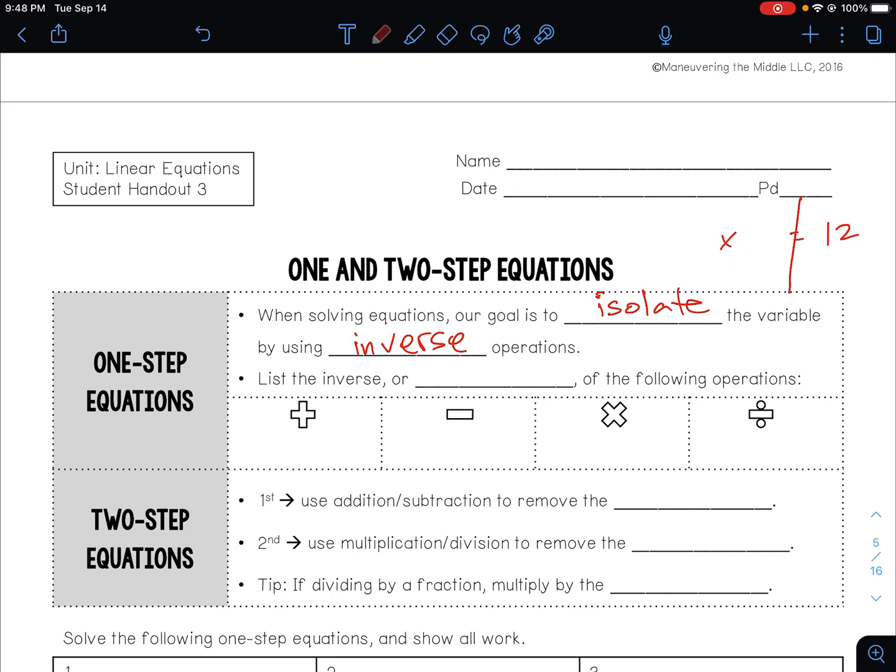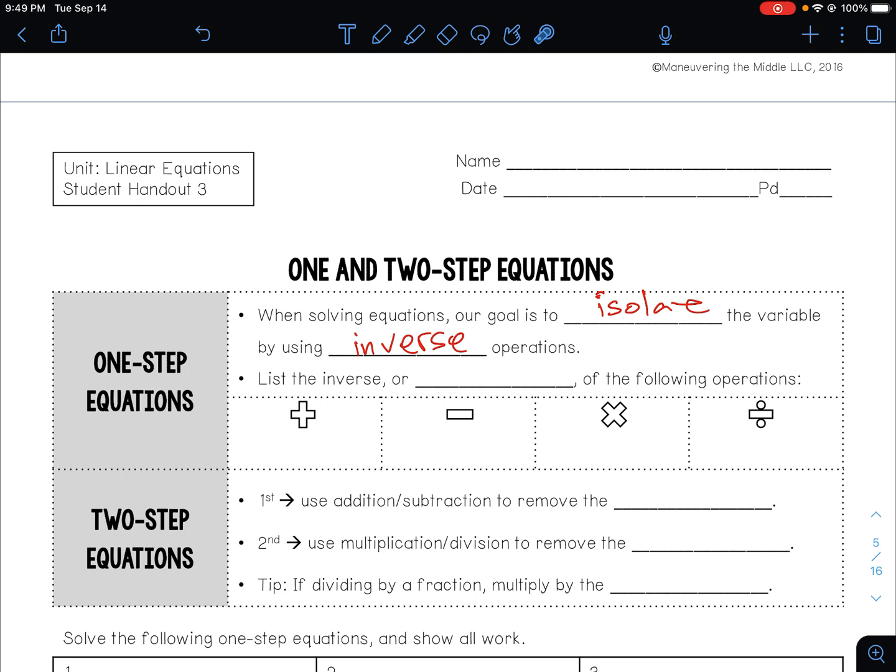So if it's not x plus 4, but 4 times x, you've got to get rid of this 4 being multiplied with it, or if it's x divided by 4, again, you have to get rid of the divided by 4 by doing the opposite. So in the case of dividing by 4, you do the opposite by multiplying both sides by 4, and then you'll solve for x that way.